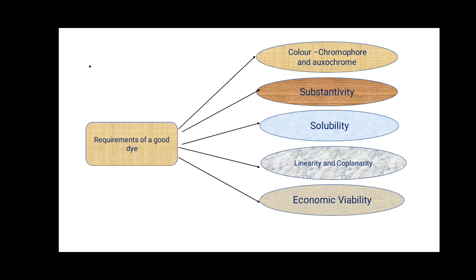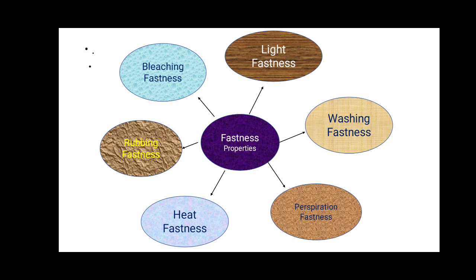So students, today we are going to start fastness properties. What is fastness? The ability of a substrate to retain color when exposed to various agents or various conditions is called its fastness.